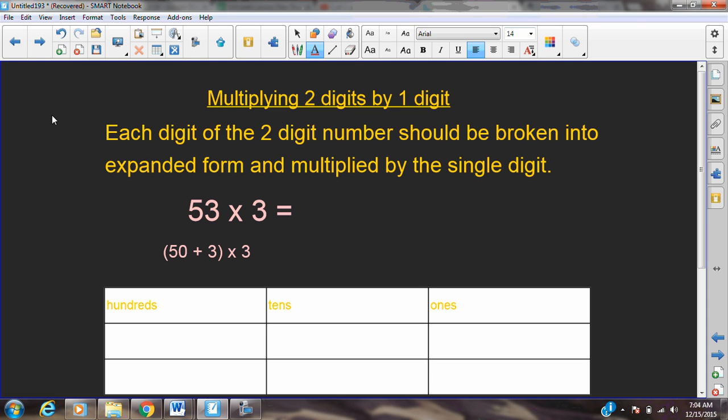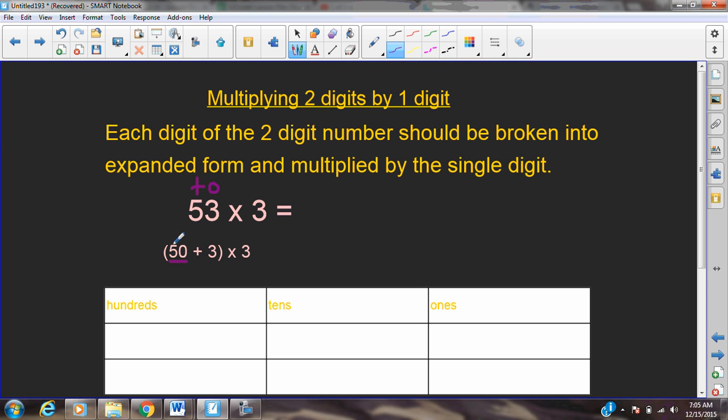If I have 53 times 3, I'm going to break down 53 by the place value. I have 3 ones and I have 5 tens. So I'm going to break that into 5 tens, which is 50, plus 3 in parentheses times 3.